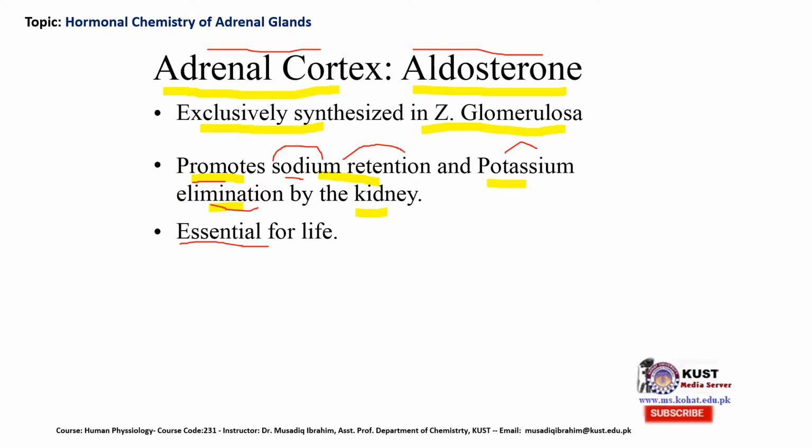But if the sodium retention is not happening, then a lot of sodium is being excreted out through the kidney in the form of urine, and as a result, low blood pressure will happen in the human body. And as a result of low blood pressure, the death scenario can also happen. So that is why this aldosterone is essential for life.